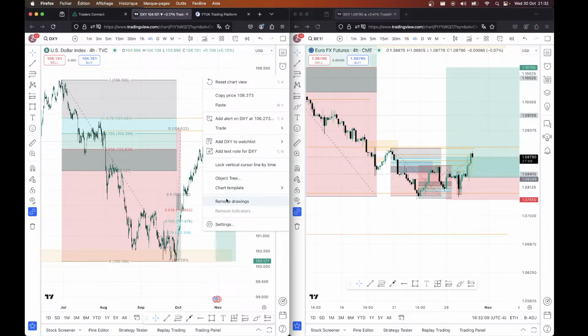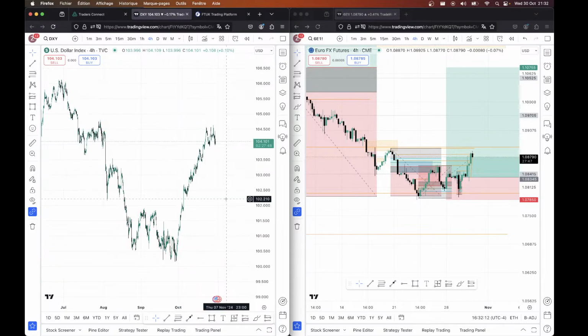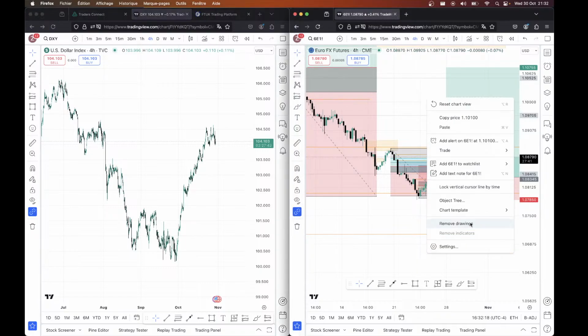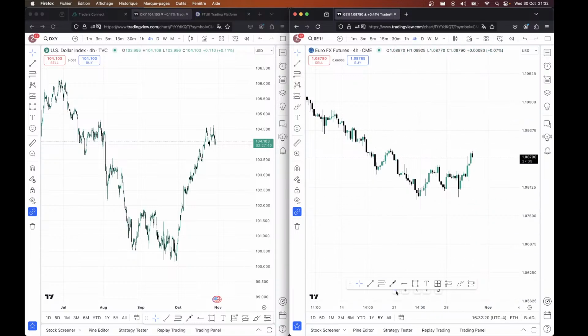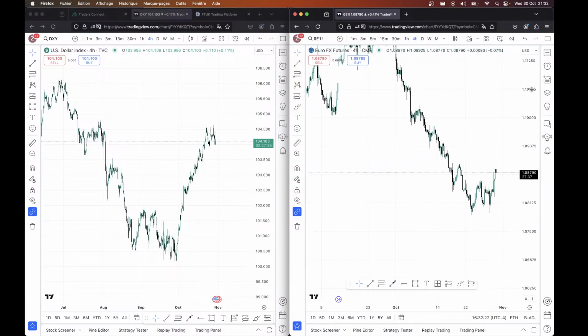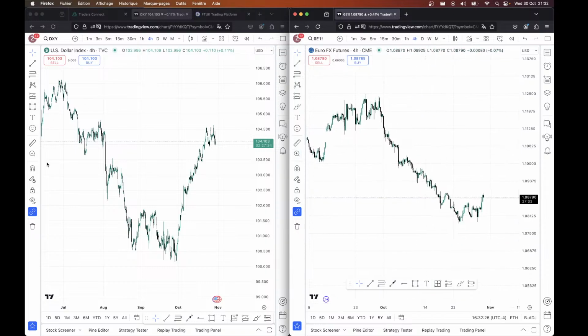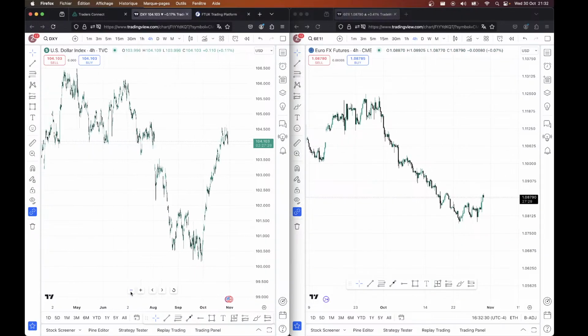I'm removing all the drawings. I just don't have to hit save. Okay, here we go. So from last time, I have on my right euro, and here I have the dollar index. So let's go.